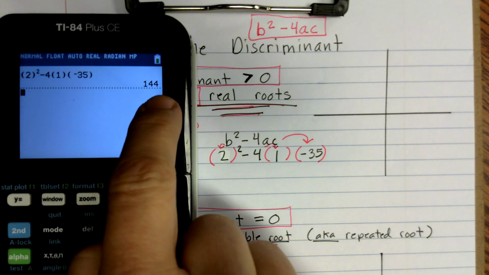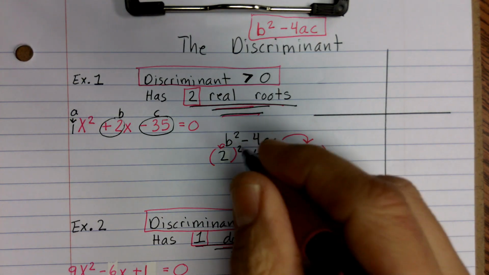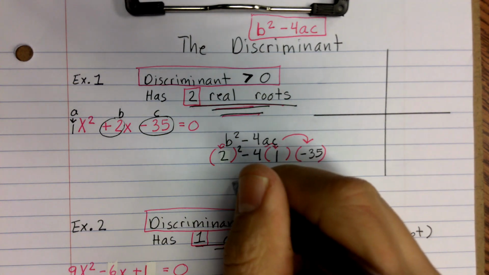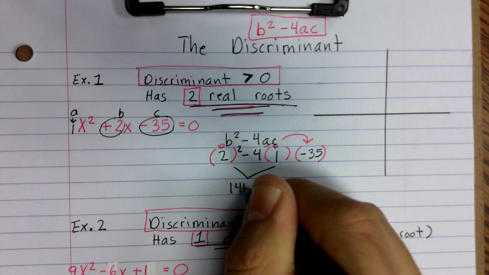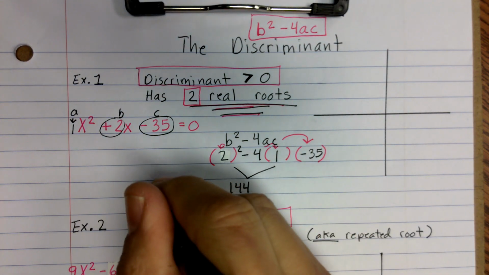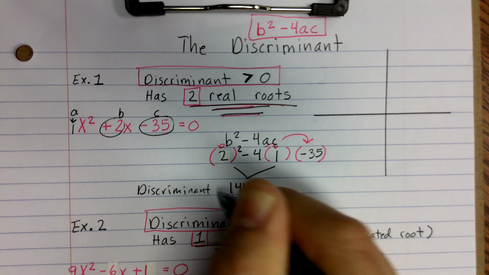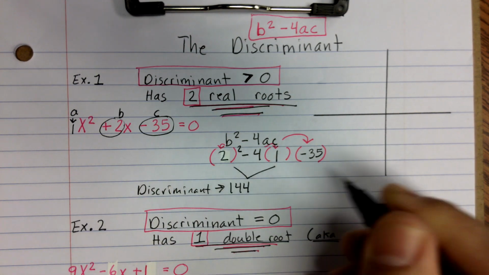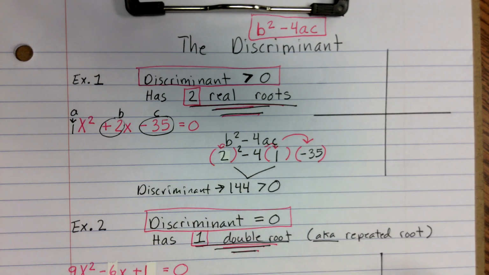And in this case, it tells me that it's 144. So when calculated, all of this together gives me 144. That's my discriminant. So in this case, the discriminant is 144. And 144 is greater than 0.